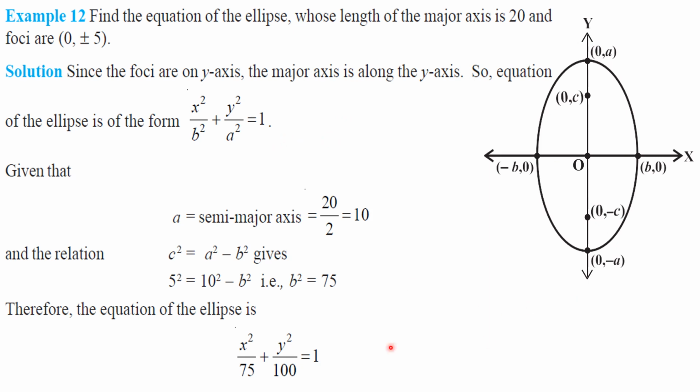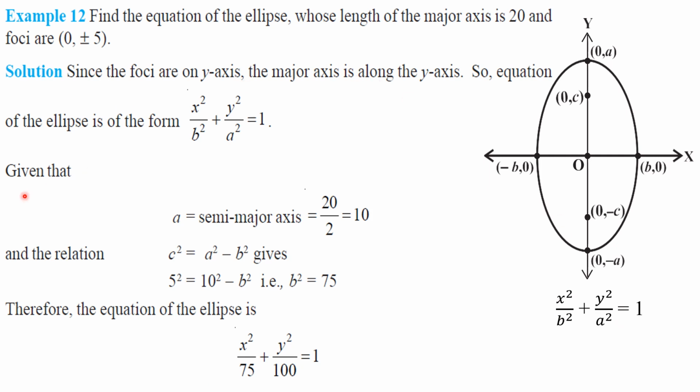And the equation of the ellipse is x square by b square plus y square by a square is equal to 1. This is the equation of the ellipse whose major axis is along the y-axis. Please remember these points, my children.